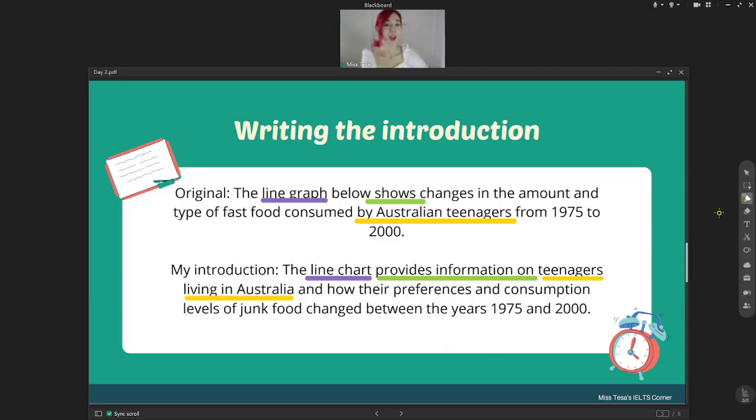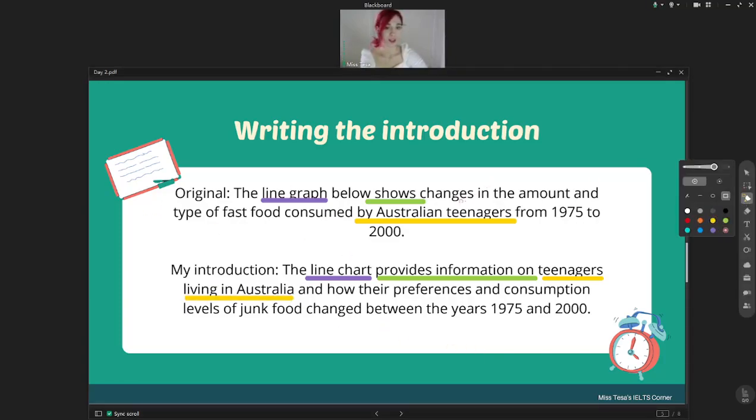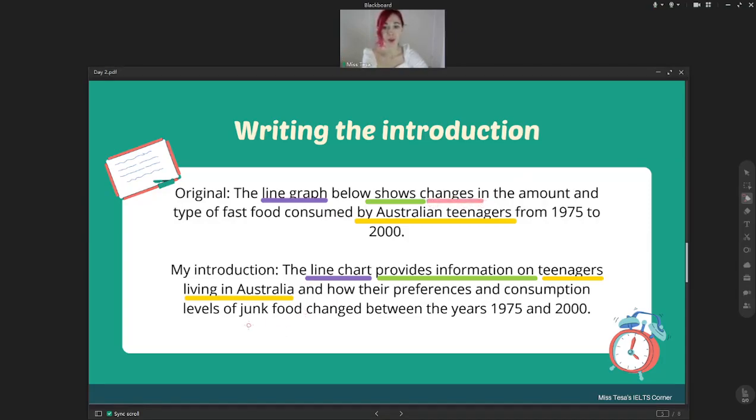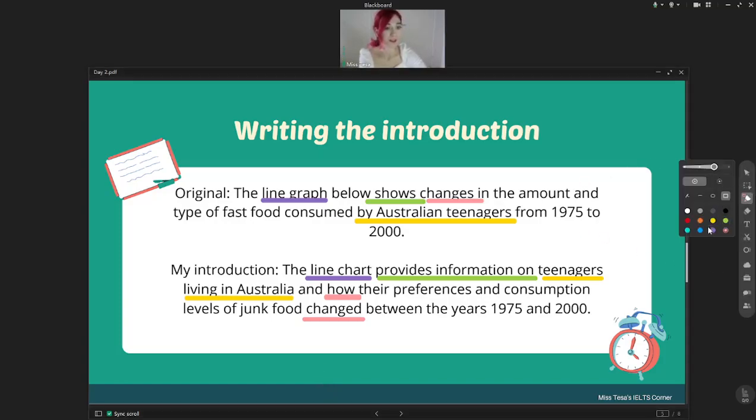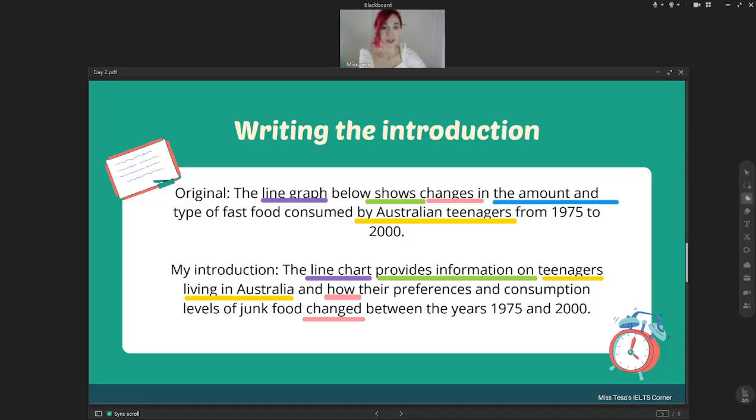Okay? And then they said changes. I said how changed. Okay? They decided to say the amount and type of fast food consumed. I said their preferences and consumption levels of junk food.